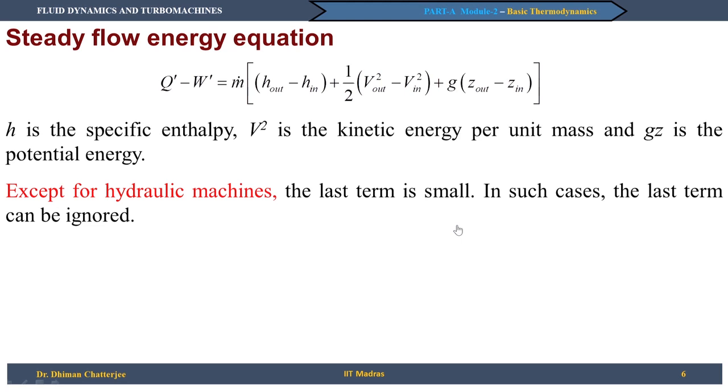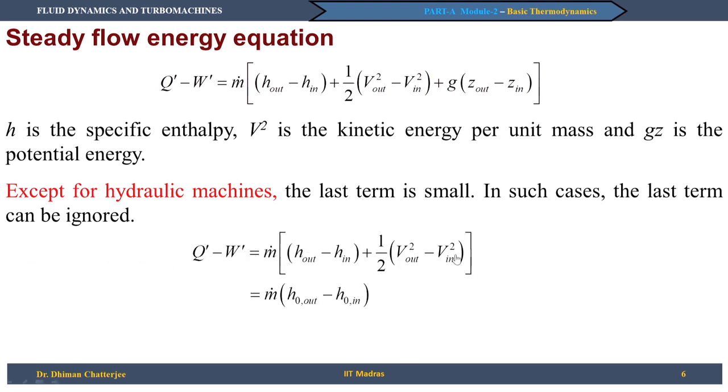That means for any turbo machine handling air or steam or any other gas, the change in potential energy can often be neglected, and we get that Q prime minus W prime is m dot times (H out minus H in plus half (V out square minus V in square)), and this gives me equal to m dot (H 0 out minus H 0 in).